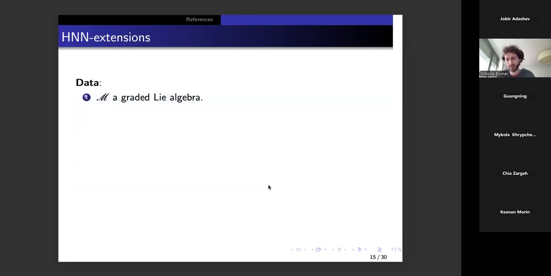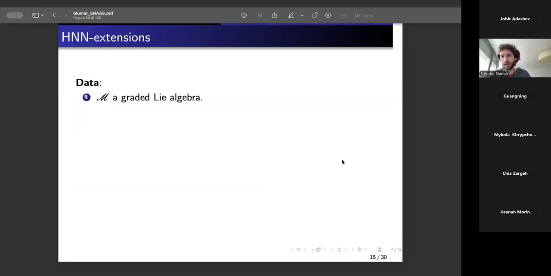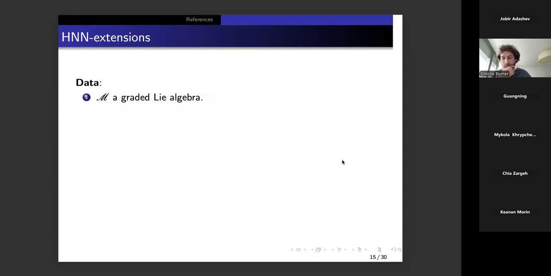HNN-extensions in Lie algebra theory come from group theory. In fact, the mathematicians Higman, Bernard Neumann and Hanna Neumann introduced the notion of HNN-extensions in group theory.